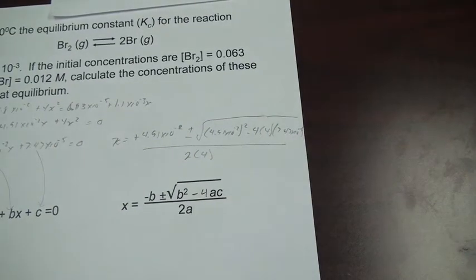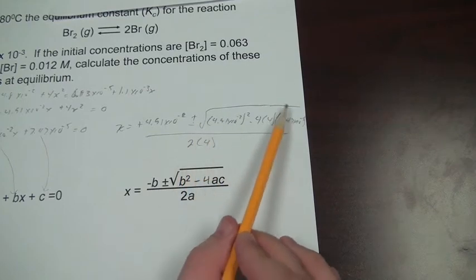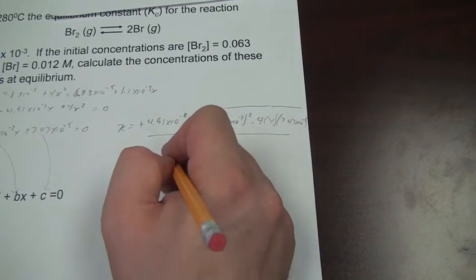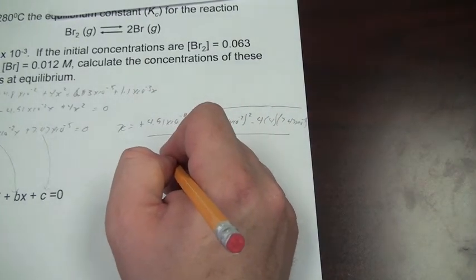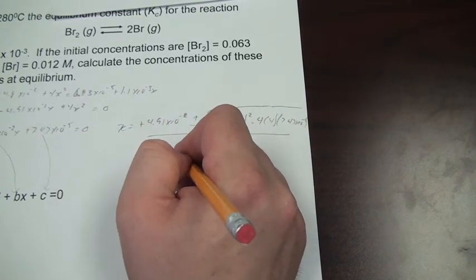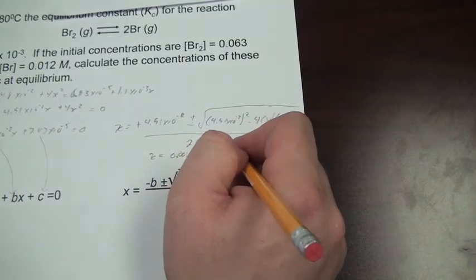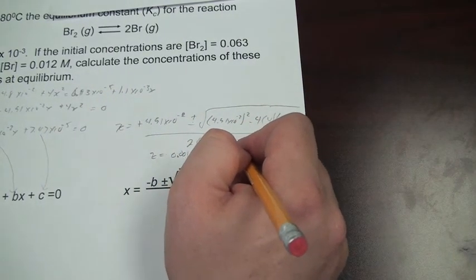So when we do this, once with this being added, once with this being subtracted, we get x to be either equal to 0.018 or 0.010.